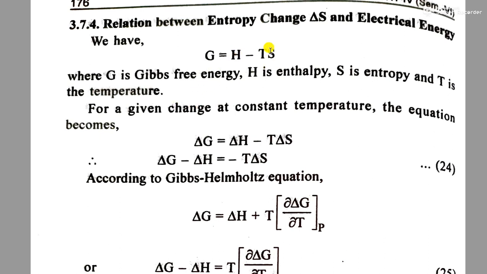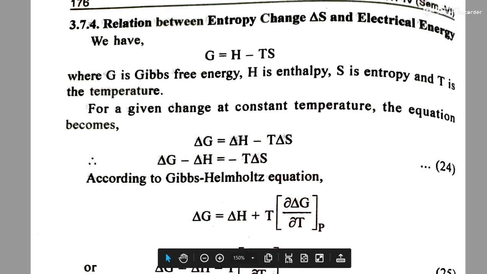So the equation will become delta G is equal to delta H minus T delta S. Now delta G minus delta H is equal to minus T delta S. This is from thermodynamics only.